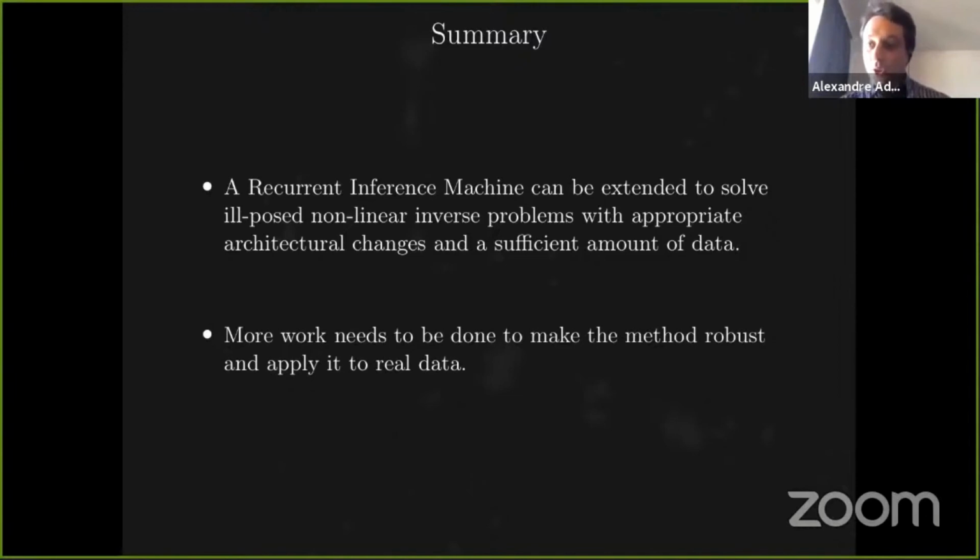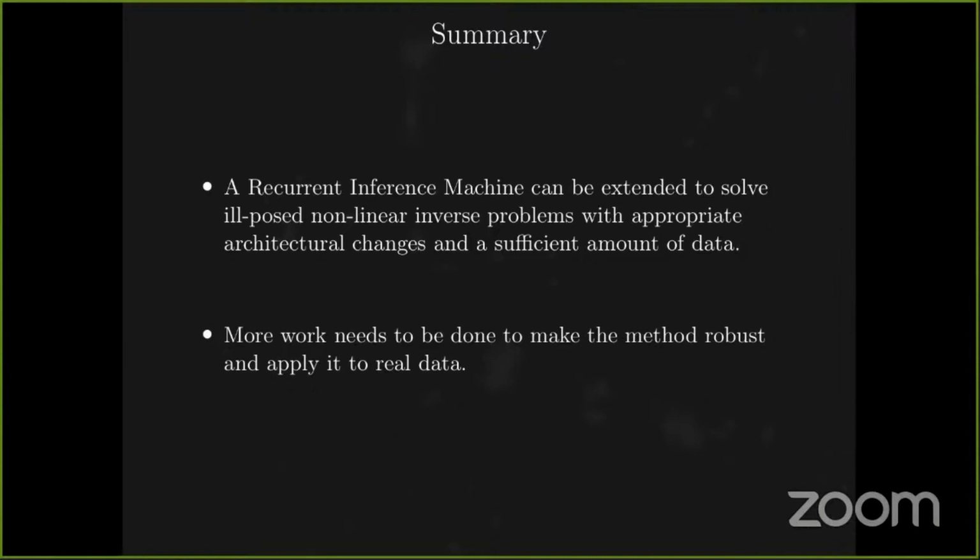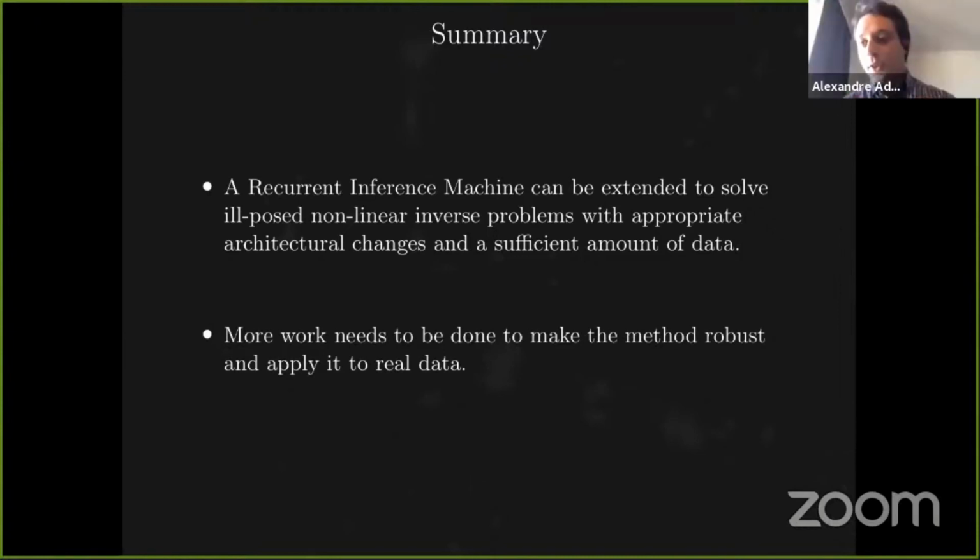The data set that we constructed, which had hundreds of thousands of examples, through this it can learn good reconstruction. But to make the approach more robust, we'll need to better understand the uncertainties and then apply it to real data to compare it against real methods.